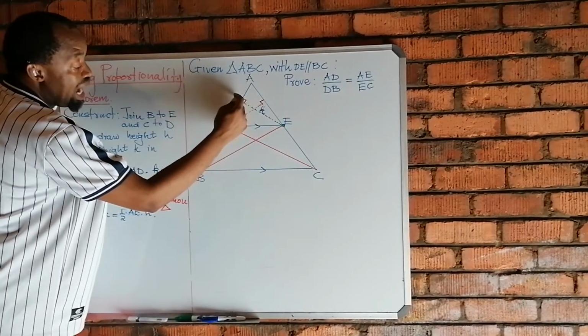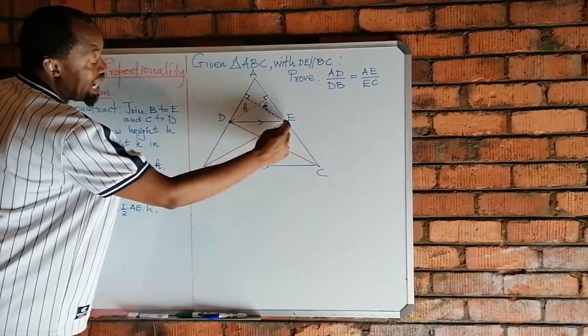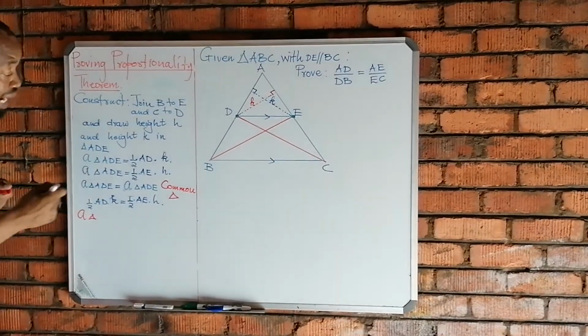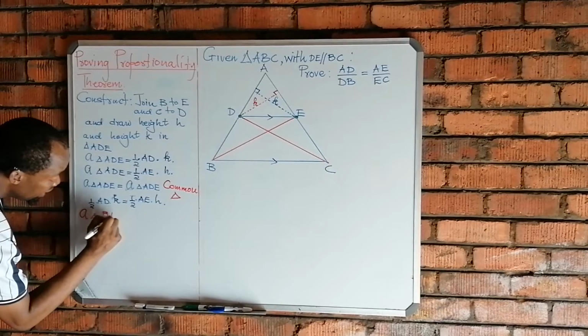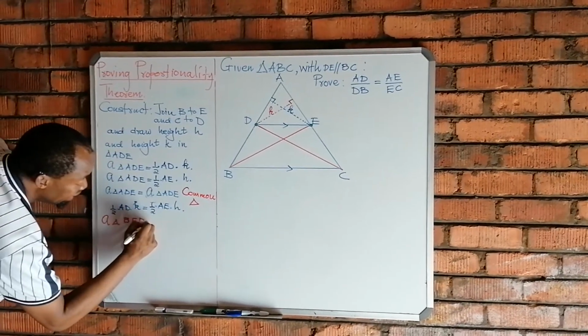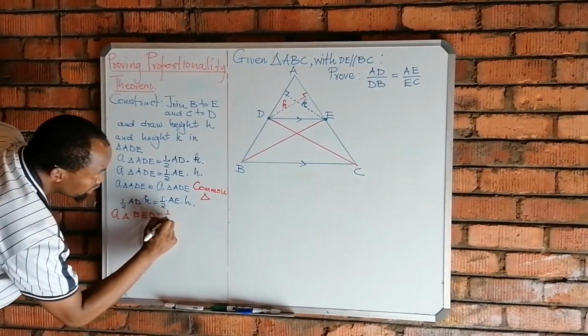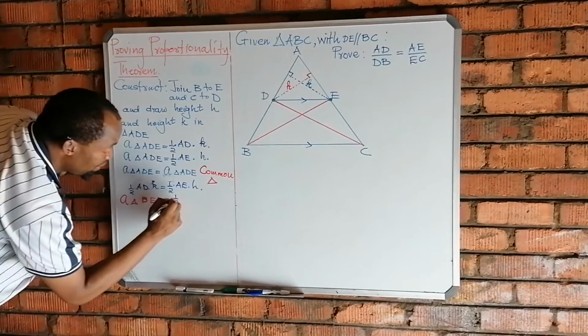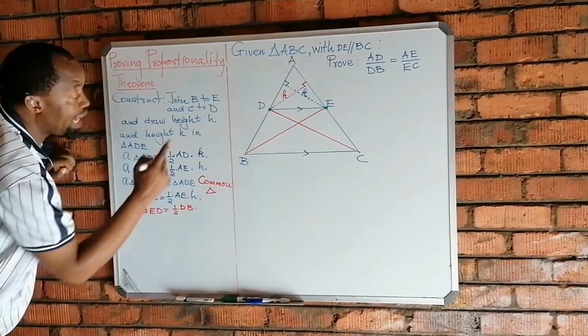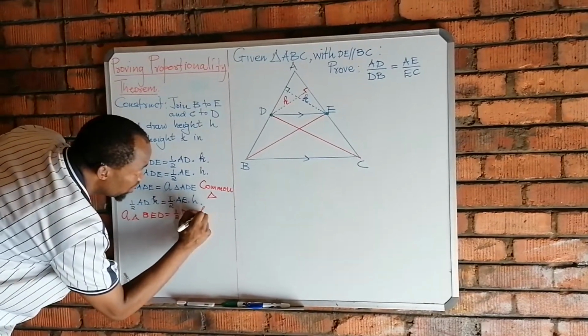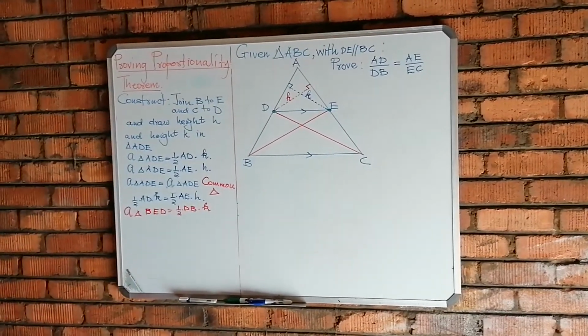That means I am going to use that height. I'm taking area of triangle BED, which is equal to half DB multiplied by the height, which is small k.